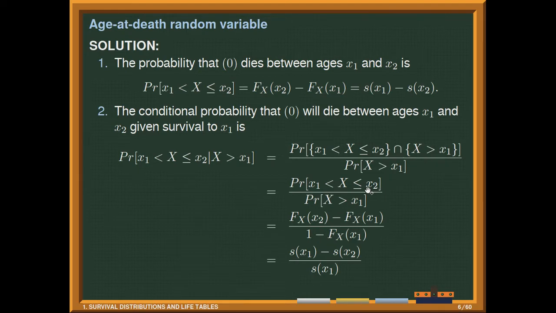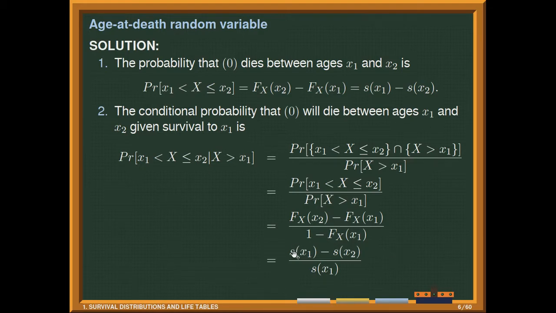So from our answer in question 1, this numerator is equal to this in terms of the survival function, while the denominator in terms of the CDF is equal to this expression. So this probability in terms of the CDF of X is given by the following, right?